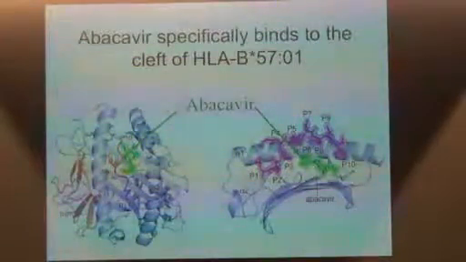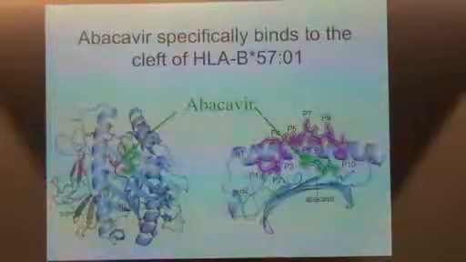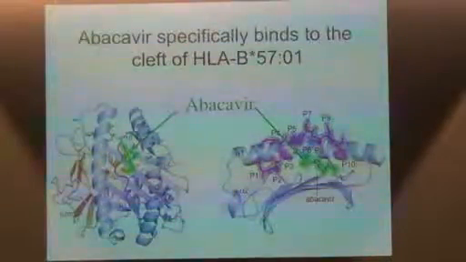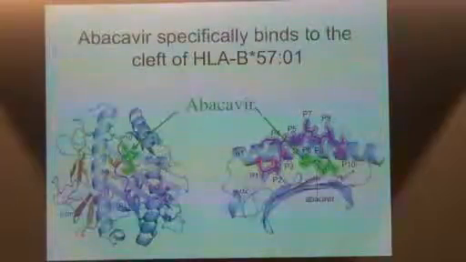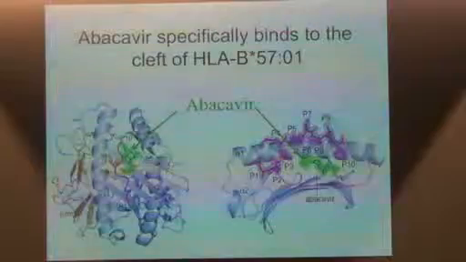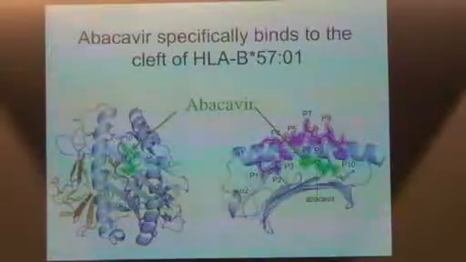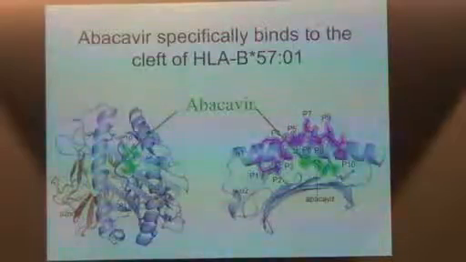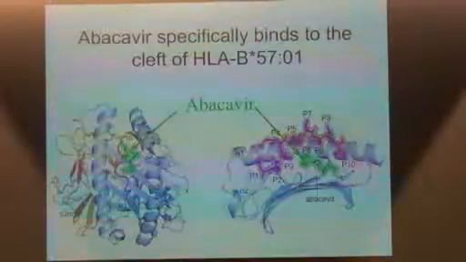In doing so, it occupies space in the cleft, which means that a new set of self-peptides starts to bind the cleft, and the old set of self-peptides no longer binds. And so the drug is altering your immunological signature.